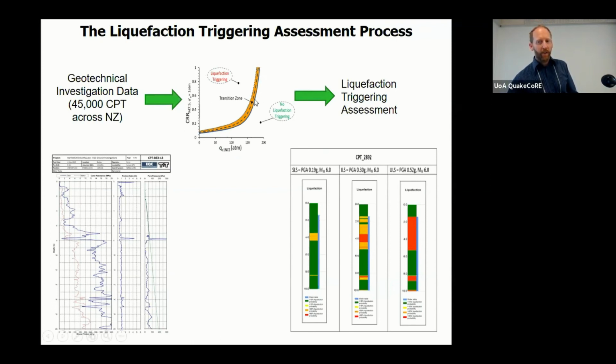It's an empirical based line based on case histories of soil layers that have been identified to have liquefied from earthquakes around the world. And on this side, soil layers where no liquefaction has occurred. And effectively, they've divided the liquefaction cases and the no liquefaction cases from a case history data set, and then put a dividing line in between there.